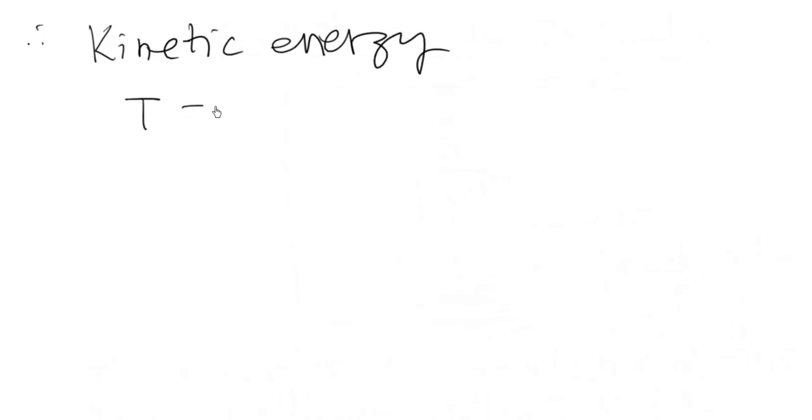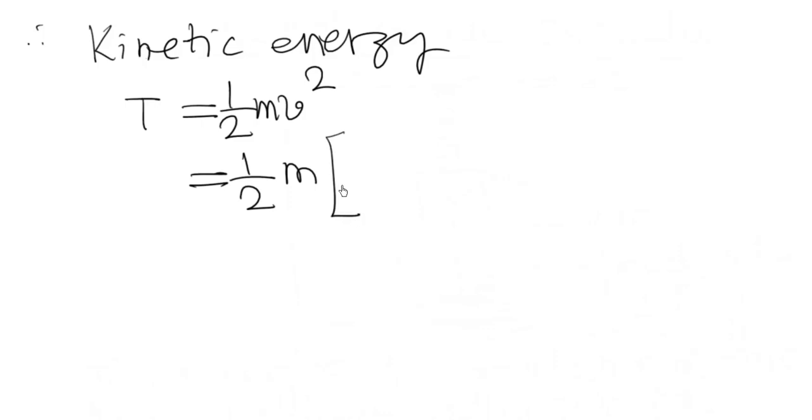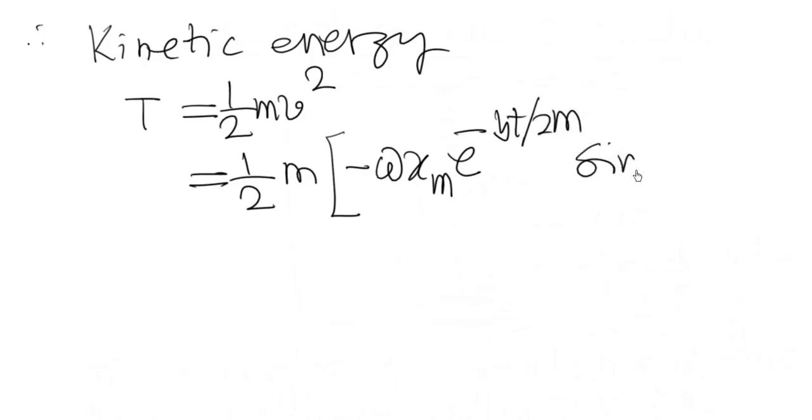Therefore, the kinetic energy T is half m v square, and v was minus omega x_m e to the power minus bt by 2m sine(omega t plus phi).